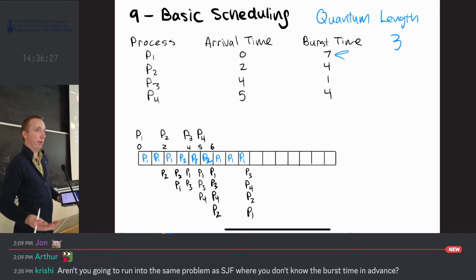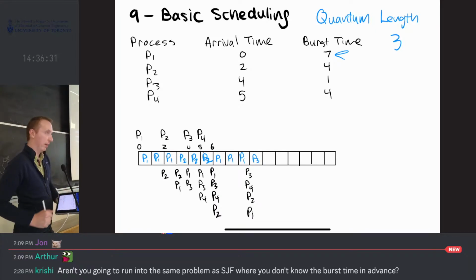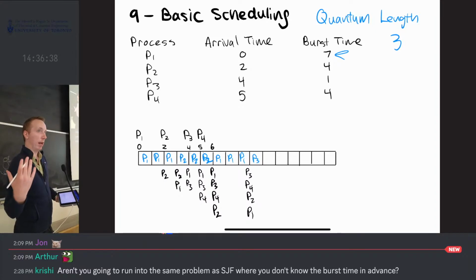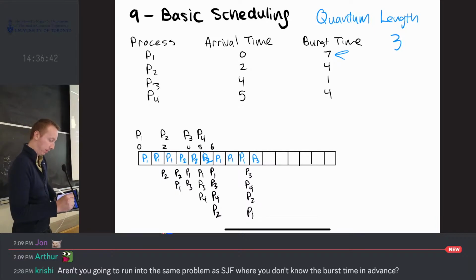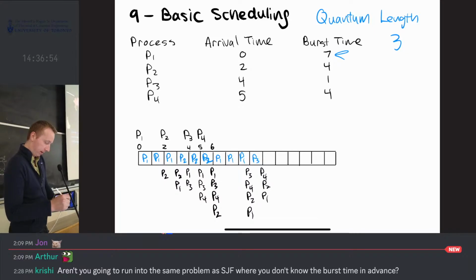Now we run whatever is at the front of the queue, and that is P3. P3 only wants to run for 1 time unit, so at this point it is done running, and it would just go back to the scheduler, and the scheduler has to pick a new process to run. So our queue would then look like P4, P2, P1. At this point, P4 would run.